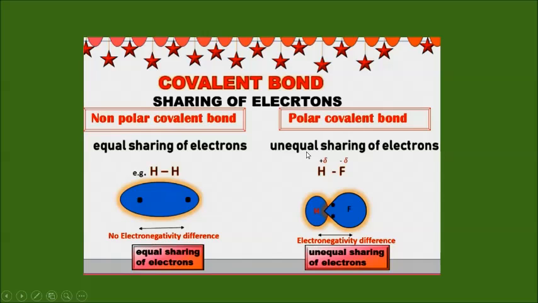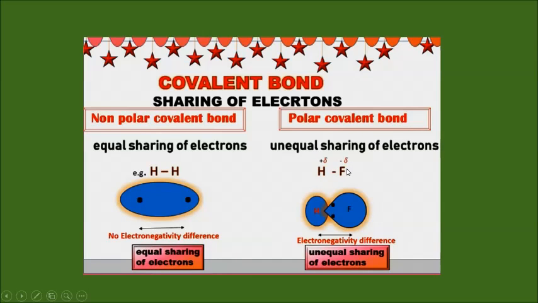But on the other hand, for the polar covalent bond, we have taken the example of HF. Between H and F, which has the greater electronegativity? Fluorine. Here it is represented with a sign, delta minus, and this one is delta plus. This is said to be a partial positive charge, and this is a partial negative charge.